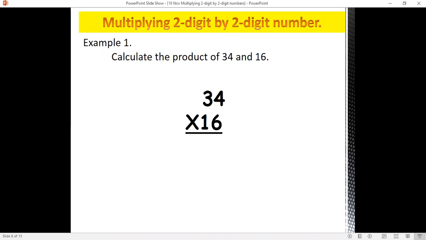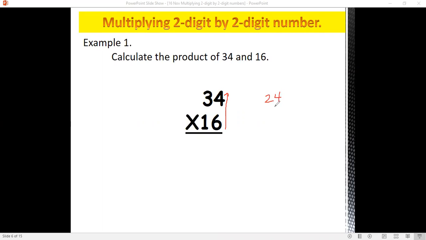Okay, the first thing you're going to multiply, I'll just put my annotate. The first thing you're going to multiply is 6 times 4. So 6 times 4 is 24.